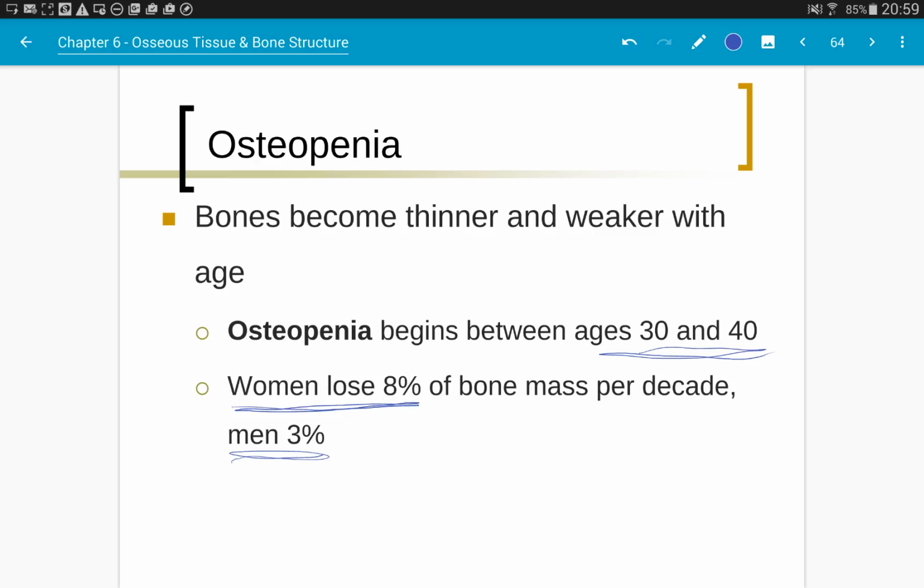Estrogen is one of those hormones that helps stimulate osteoblast activity. If that hormone is no longer being produced, which is what happens in menopause, osteoblast activity is not as well regulated, which means you're not depositing as much calcium on the bone, and that can lead to more bone loss, brittle bones, and osteoporosis.